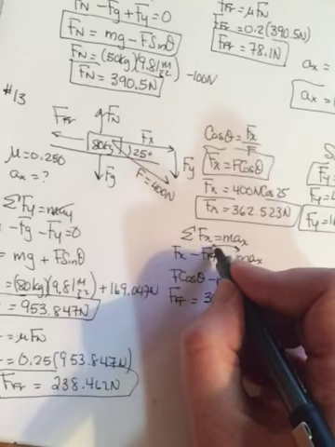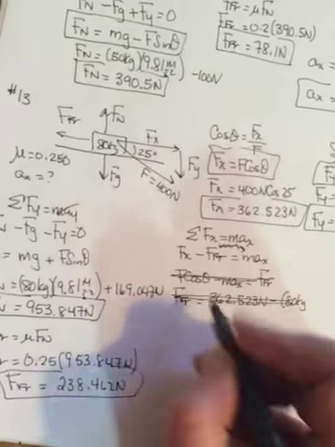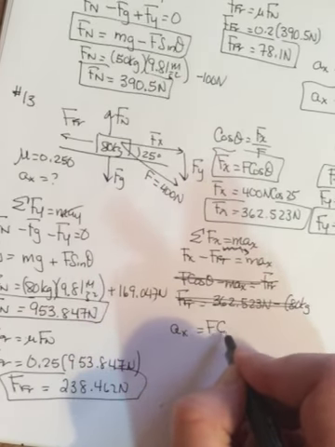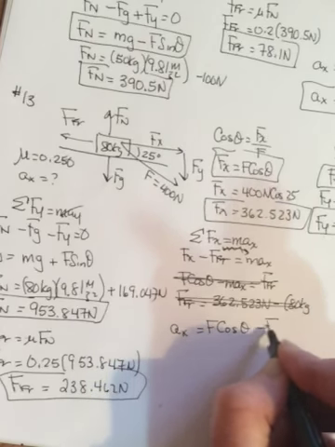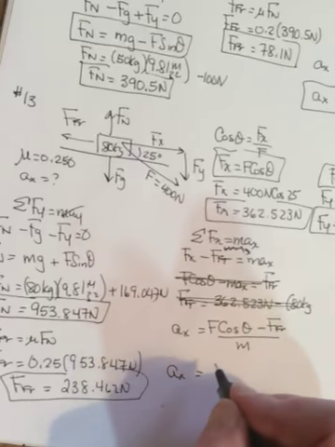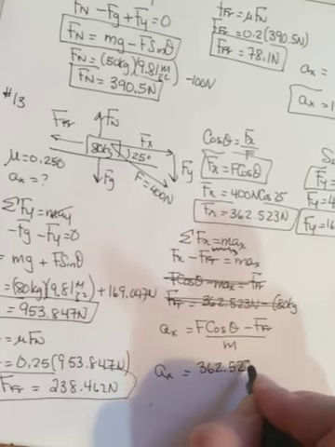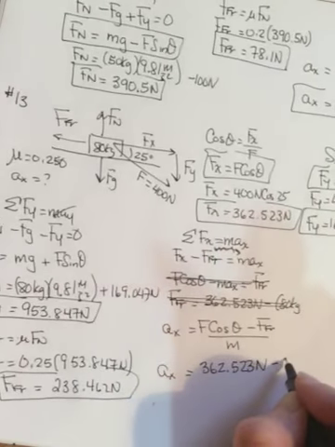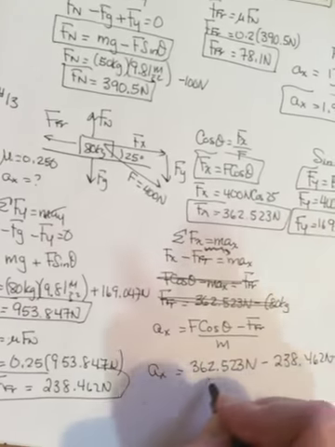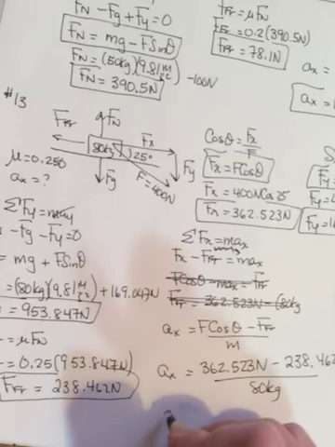And so up here, don't take the friction over. You're solving for A, so divide both sides by m. So F cos theta minus friction over m. Sorry about that. Can I blame it on the tickle? Probably not, because I made the mistake before the tickle. 362.523 newtons minus 238.462 newtons divided by 80 kilograms.